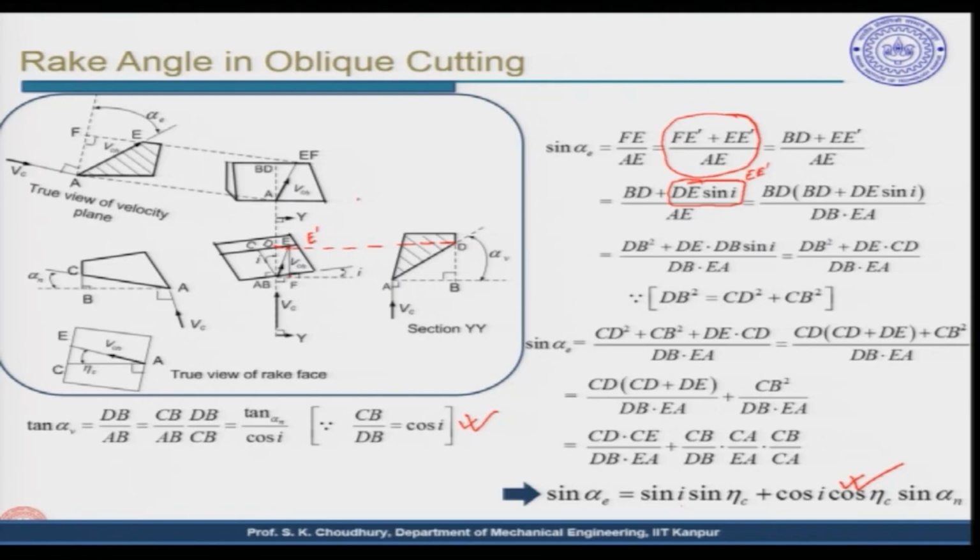If you see a triangle, it will be something like this. I am just exaggerating that. This is E, this is E prime, and this is D, and this angle is I. From here we find that DE sine I is equal to EE prime. This is what we got here.